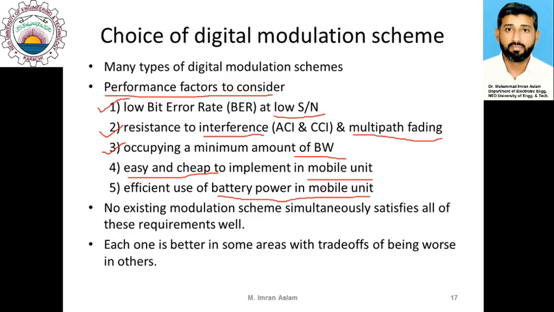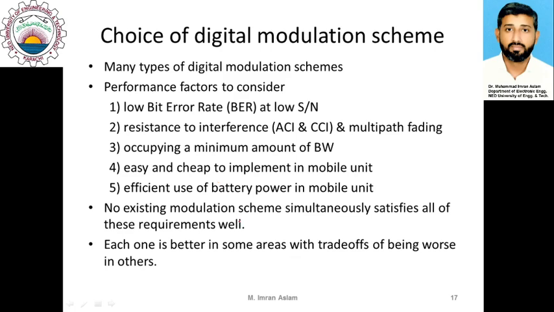Unfortunately, these requirements are contrary to each other, and we do not have any specific modulation scheme which simultaneously satisfies all these requirements. So we generally make a trade-off between these requirements, and we come up with a specific modulation scheme.